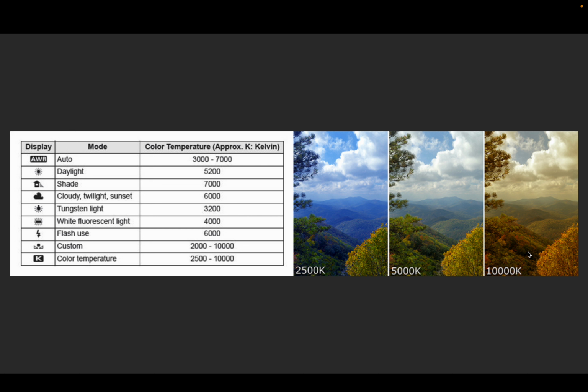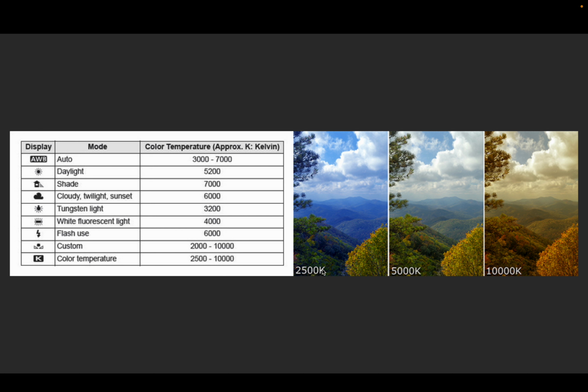And you can see at 10,000K it's really cool, the actual color temperature, right? The higher the Kelvin degrees, the cooler the temperature is. This environment is not that cool, so the filter that we see here in camera is really, really warm. It's doing the opposite.